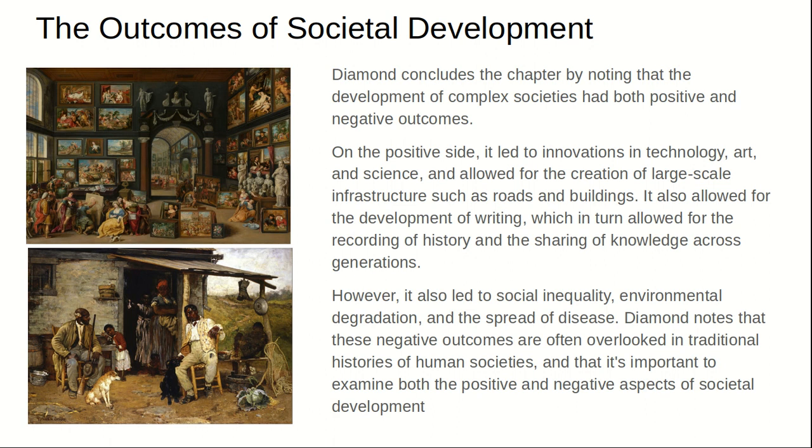It also allowed for the development of writing, which in turn allowed for the recording of history and the sharing of knowledge across generations. However, it also led to social inequality, environmental degradation, and the spread of disease. Diamond notes that these negative outcomes are often overlooked in traditional histories of human societies, and that it's important to examine both the positive and negative aspects of societal development.